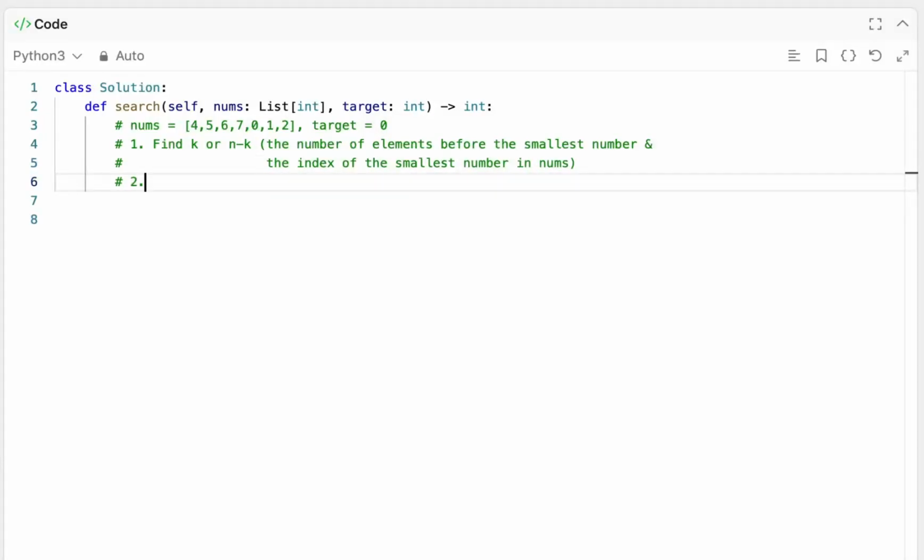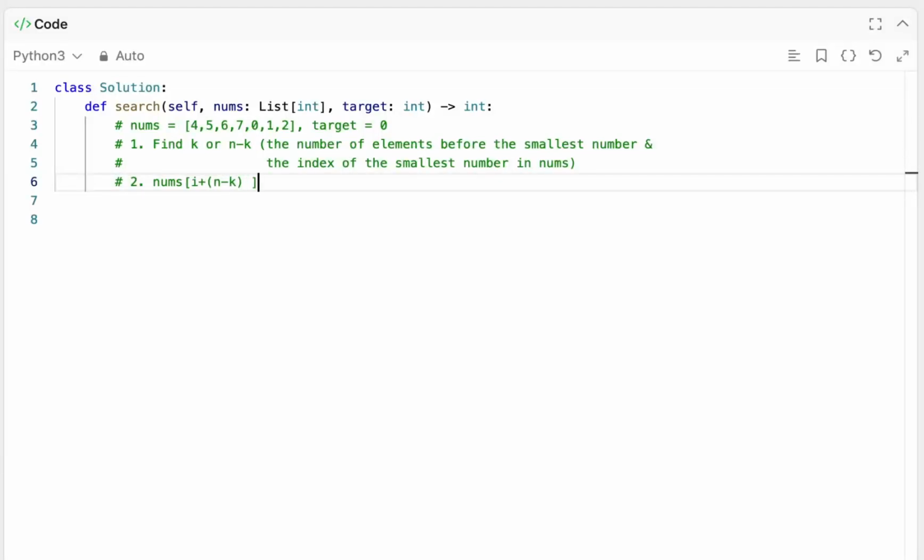And then step 2, now that I know this, whenever I'm looking into nums of I, I can add n minus k, right?